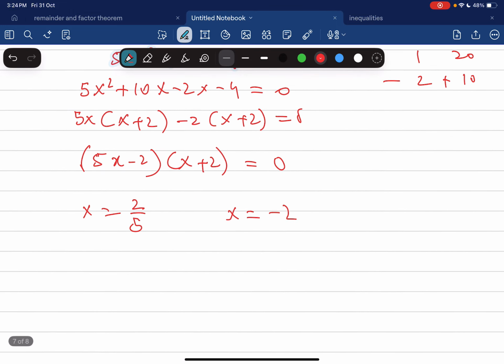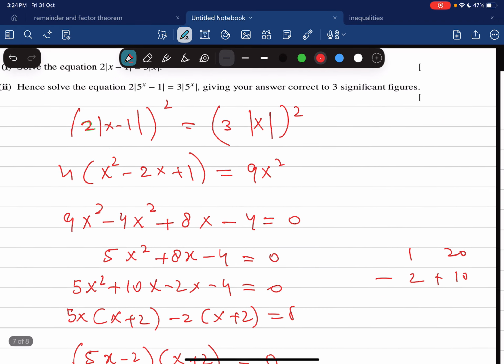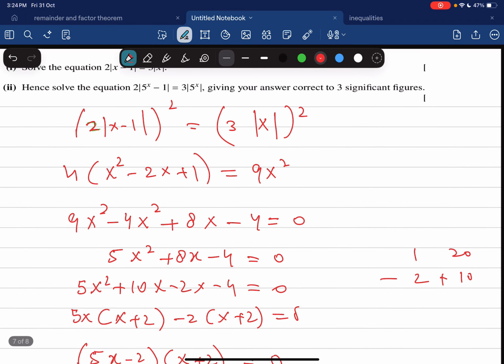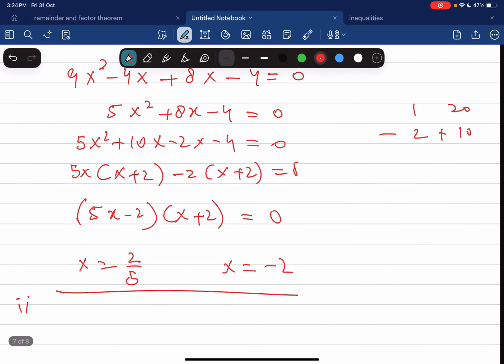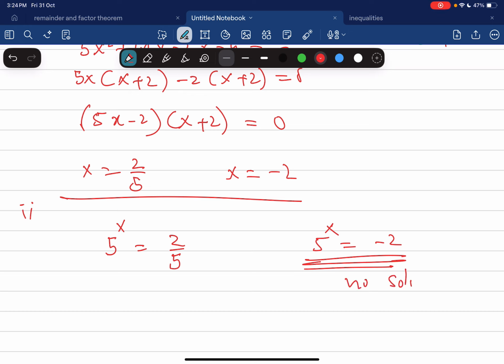Next other parts. In place of x we write 5 power x. That is exponential. In the second part it is 2 upon 5, 5 power x minus 2. The negative part we cannot solve, no solution, because a log of a negative we cannot take.